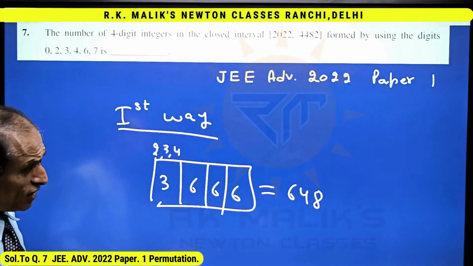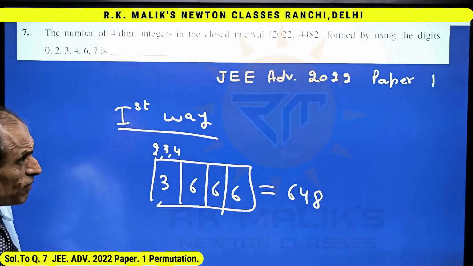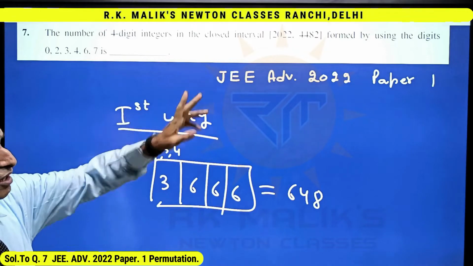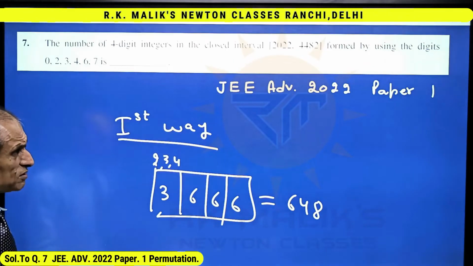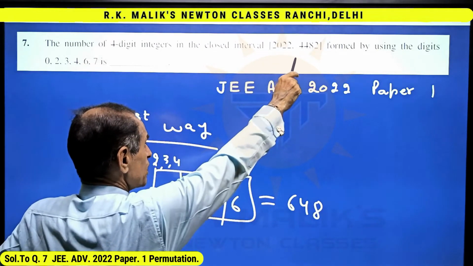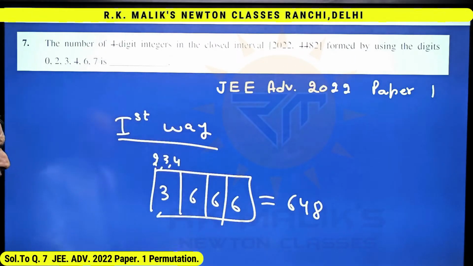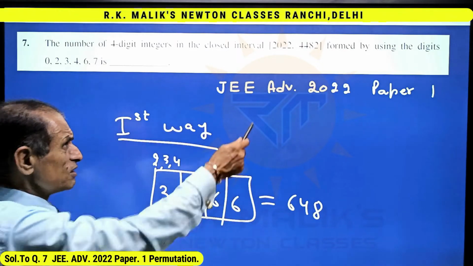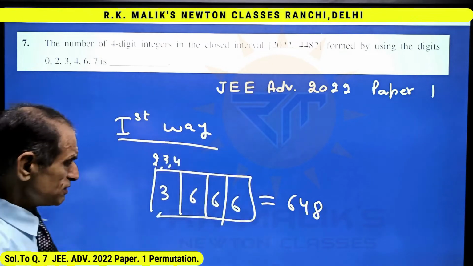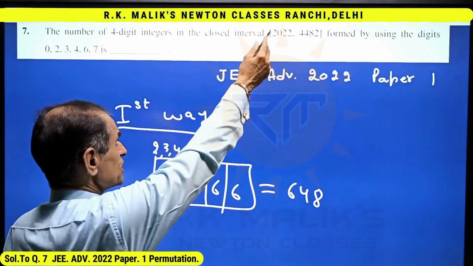And from these 648 numbers, we reject those numbers which do not lie in this interval. Means I will be rejecting those numbers which are smaller than this or which are more than this. First, let us find the number of numbers which are smaller than this, because I want my number to be smaller than this.